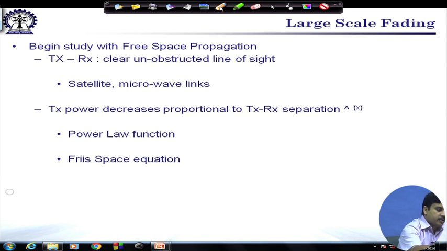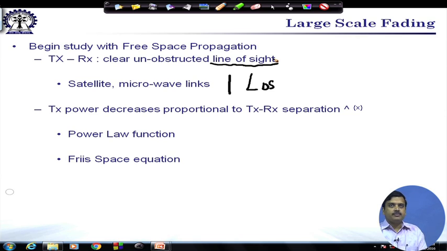Basically in these cases we are talking about line of sight, usually indicated by LOS, and here the received power at the Rx decreases proportional to the Tx-Rx separation d raised to the power of some exponent, as we will see. So, this is typically in this format. It follows a power law function, and we will use the free space equation to solve the problem and find the expression of received signal strength.